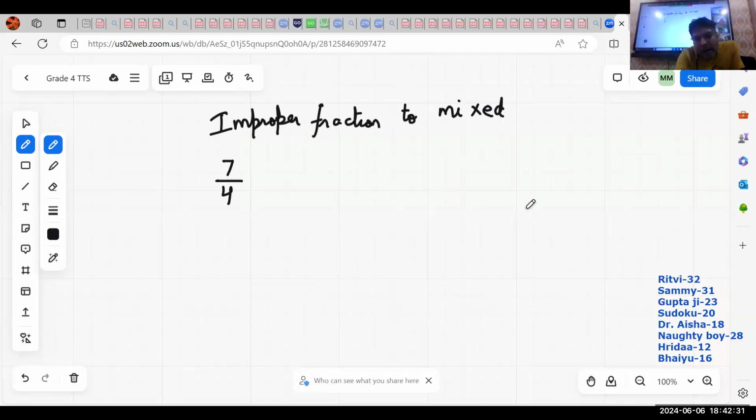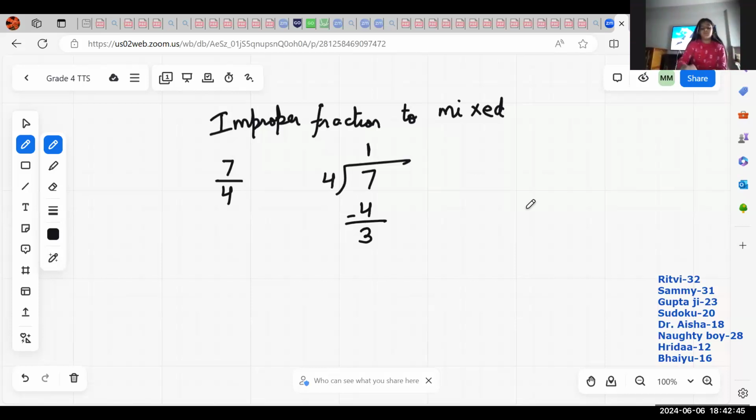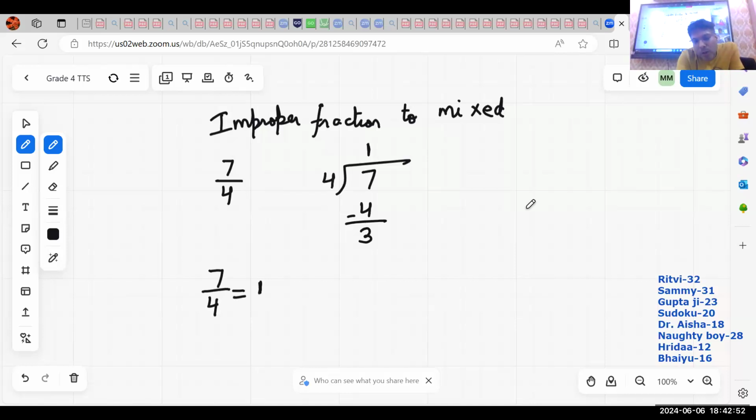So when I divide 7 by 4, what will be my quotient? Quotient will be 1, remainder will be 3, correct? Any doubts in this? No, sir. So if I have to convert 7/4 into mixed fraction, I will first write the quotient, then I will write the remainder on top and the divisor below, like this.